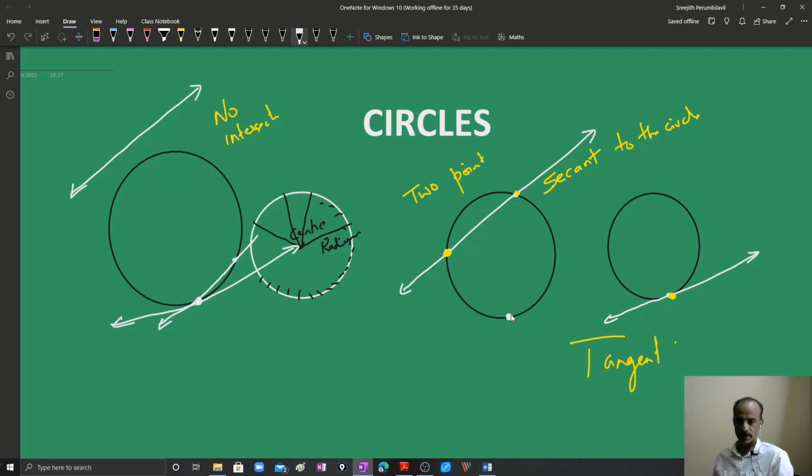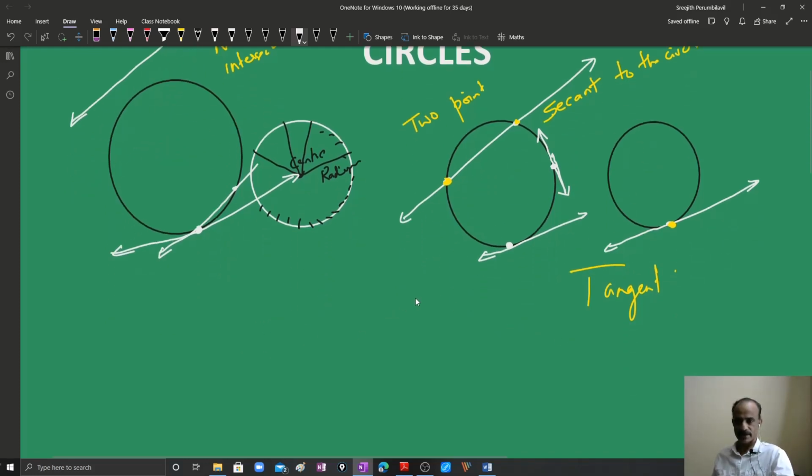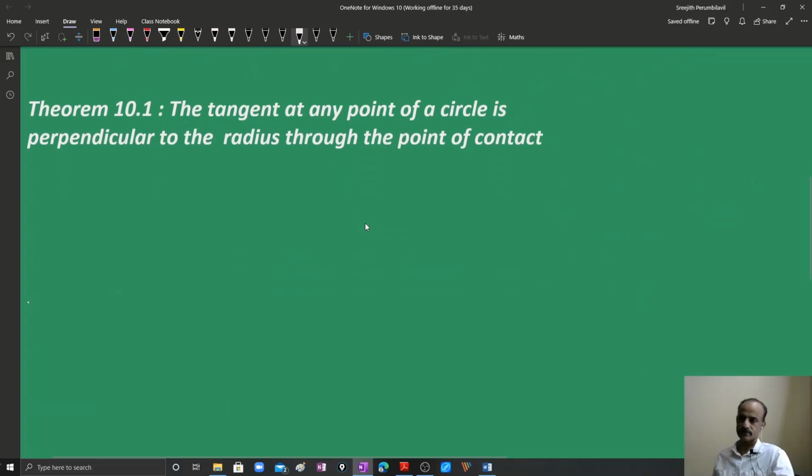Suppose we mark a point on the circle, we can have only one tangent at that particular point. At another point on the circle, we can draw another tangent. So this is the concept. Tangent means nothing but a straight line which intersects a circle exactly at 1 point.